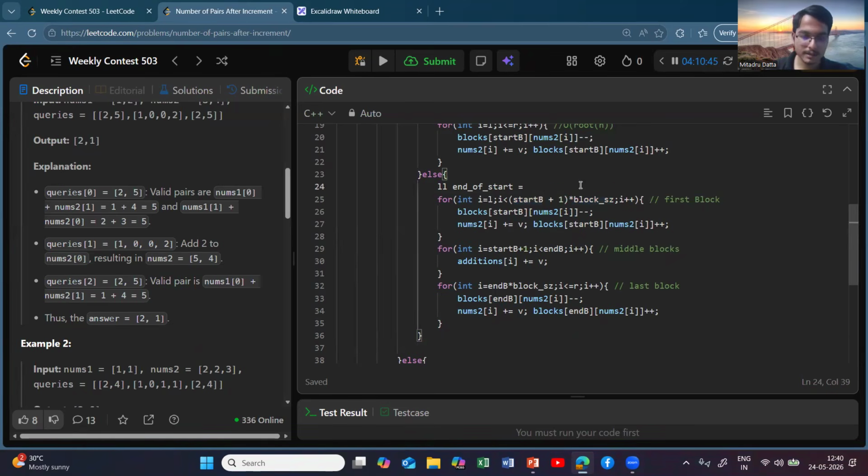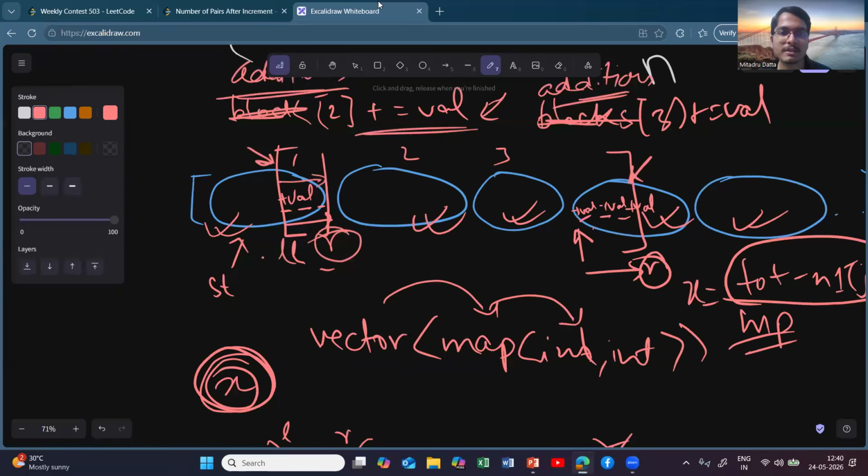This will give you the element ending of the first block. I mean to say that it is the end of the starting block, so start plus 1 into the block size. And you do the same thing over here with nums2: you decrement, increment that value by v, and then add it again. This is the first block. You have finished processing till here, so basically this part of the processing is done.